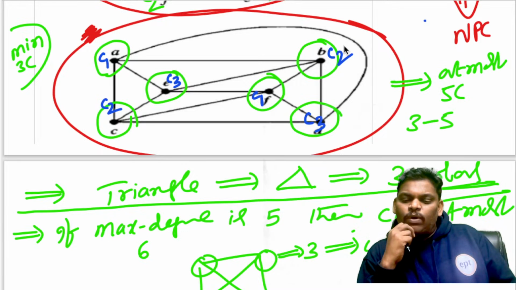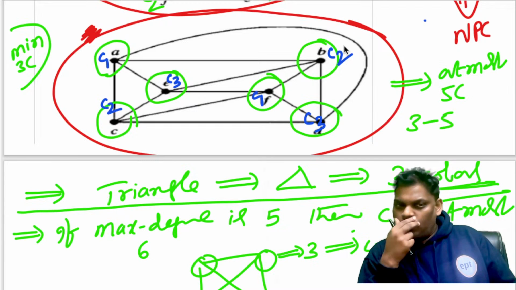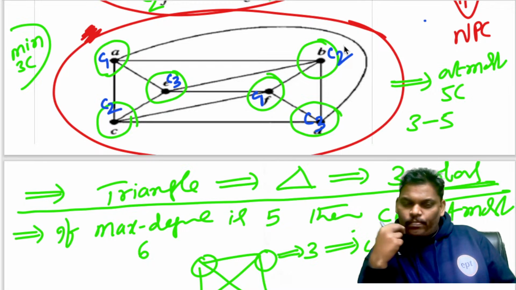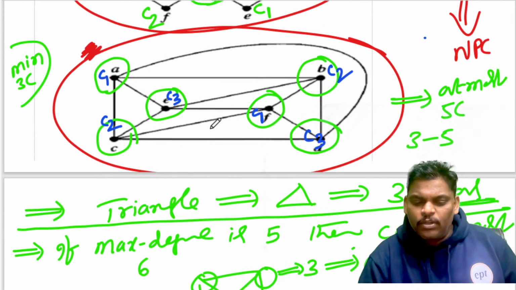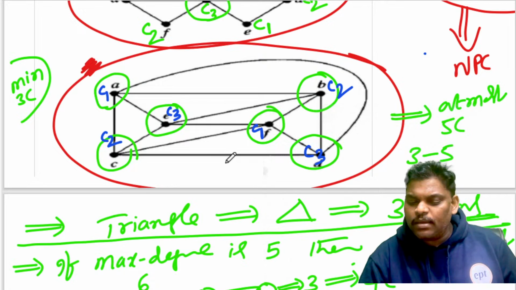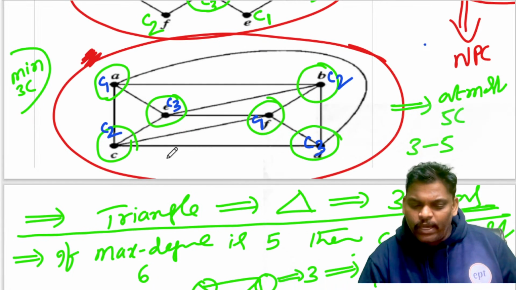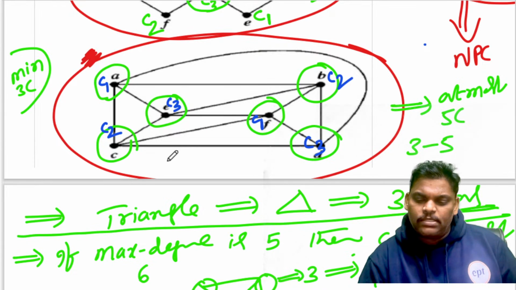There is no other way. If anyone says less than 3 is possible, no way.